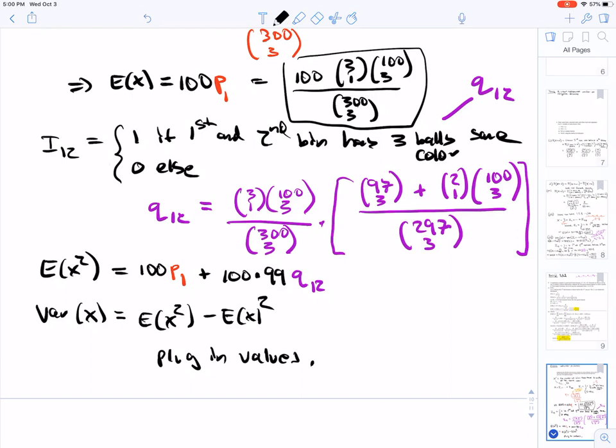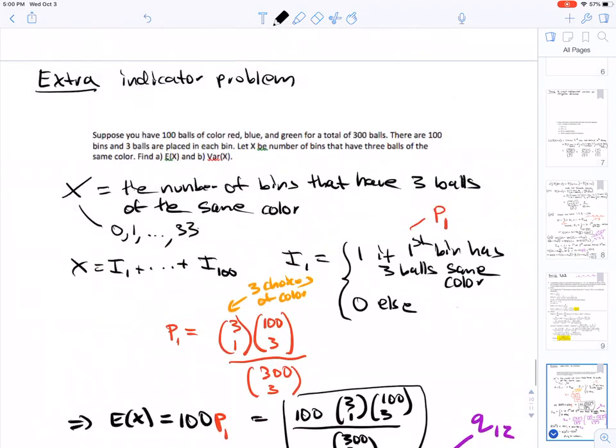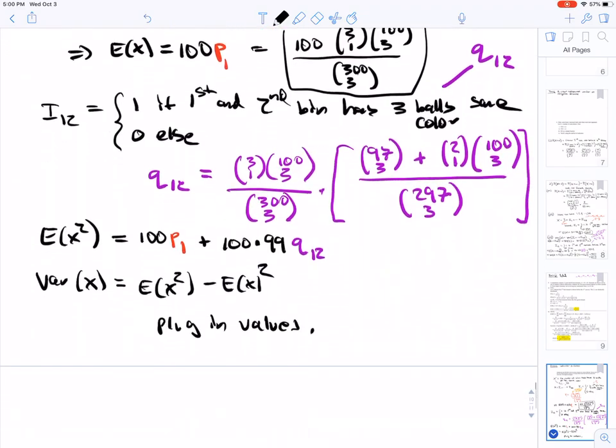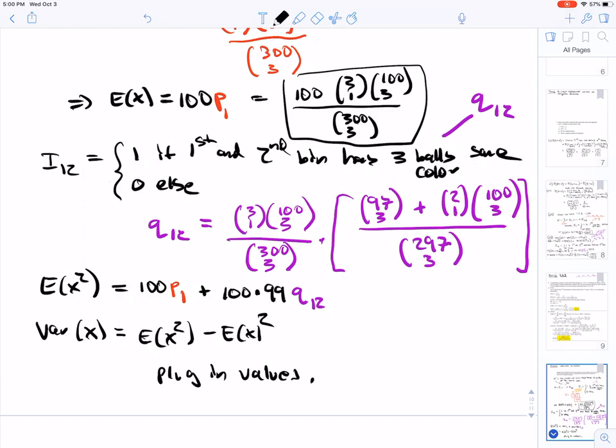The second bin could have the same color as bin 1, in which case that would be 97 choose 3 over 297 choose 3. Or it could be a different color, whatever the 2 other colors are, blue or green. For each of those, it's 100 choose 3 over 297 choose 3, and I multiply by 2 because there are 2 colors, blue or green. And then I just calculate the variance of X straightforwardly from there.